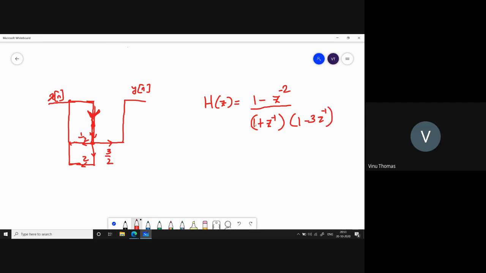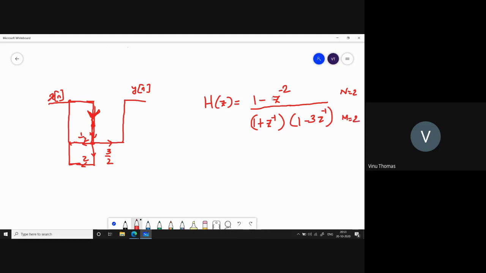So what is the highest power of z raised to minus 1 in the numerator? It's 2, right? What is the highest power in the denominator? That's also equal to 2. So n is equal to 2, and here you see that m is equal to 2.